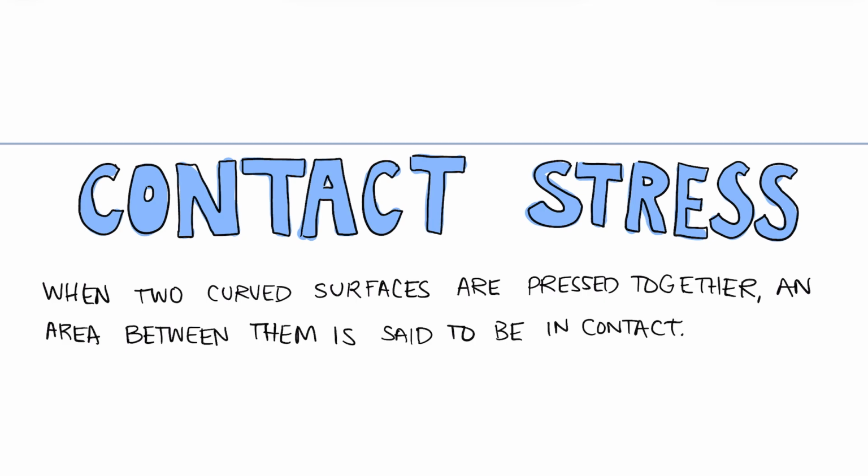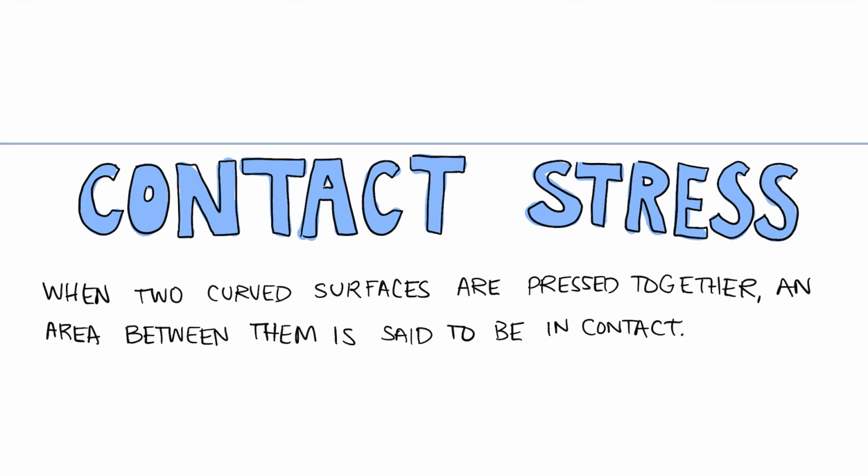Now, some common examples might include things like wheels on a rail, valve cams, tappets, mating gear teeth, and of course rolling bearings, which is what we're talking about. Failures due to high contact stress will present as cracks, pits, or flaking on the surface.